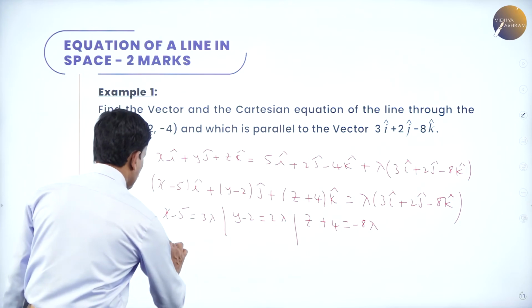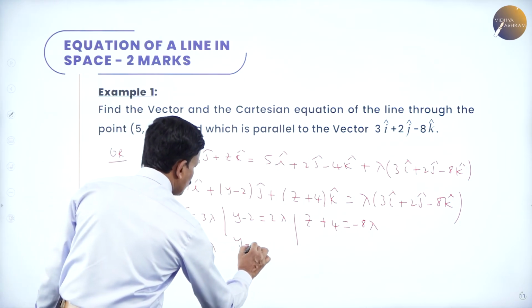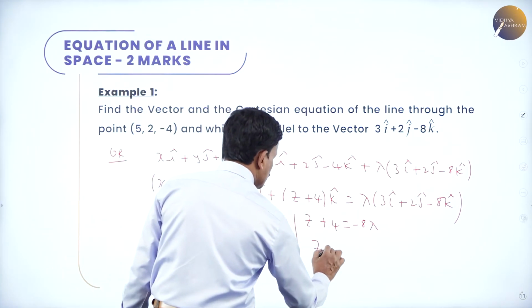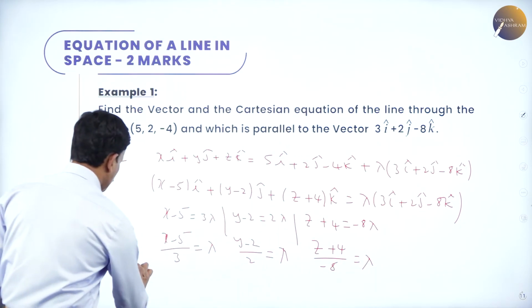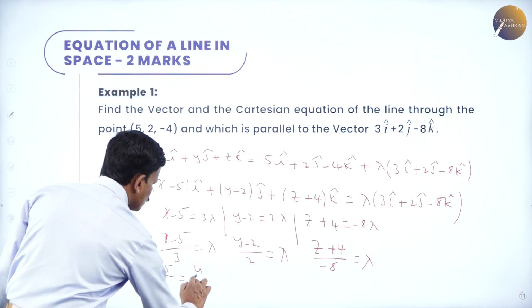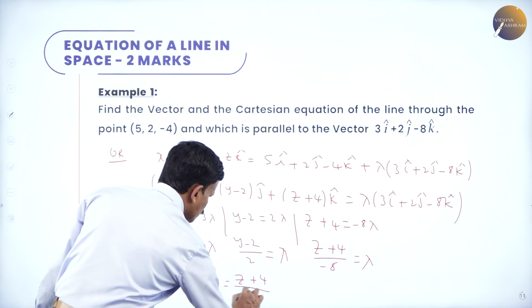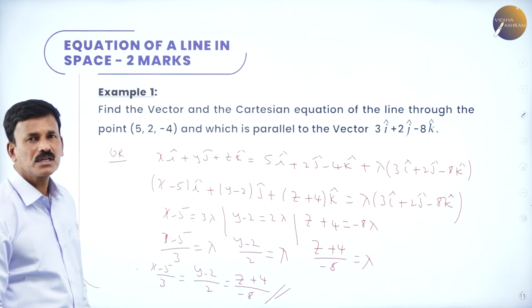So therefore (x − 5)/3 = λ, (y − 2)/2 = λ, and (z + 4)/(−8) = λ. Therefore we can write (x − 5)/3 = (y − 2)/2 = (z + 4)/(−8). This is the Cartesian form of the line, one and the same.